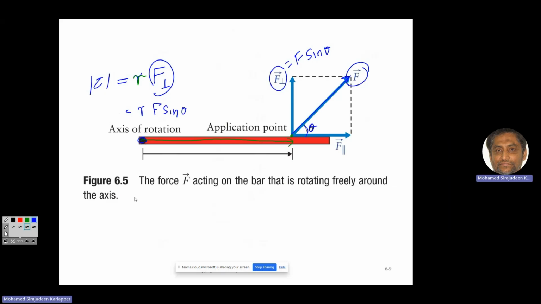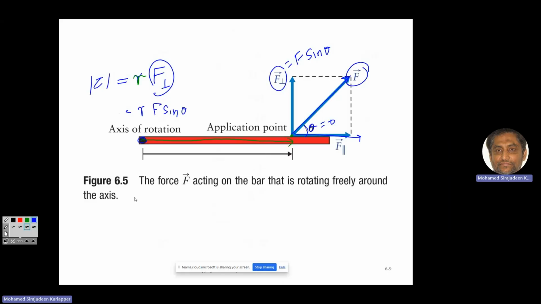So this is very clear. Now suppose you want to open a door, say this is a door, and you pull like this. Is it going to open? If you apply the force with theta equal to 0, can you rotate it? No way. So the parallel component is of no use in the torque.